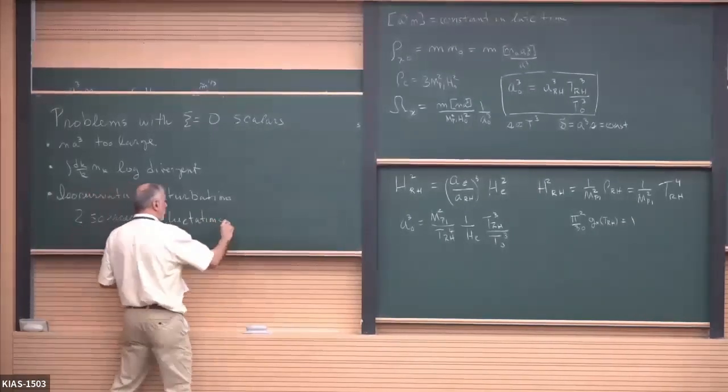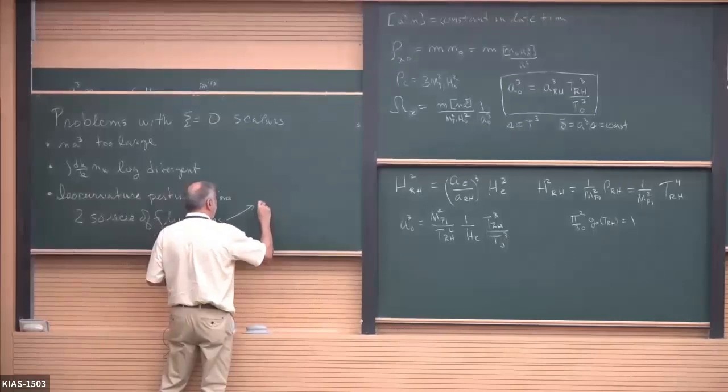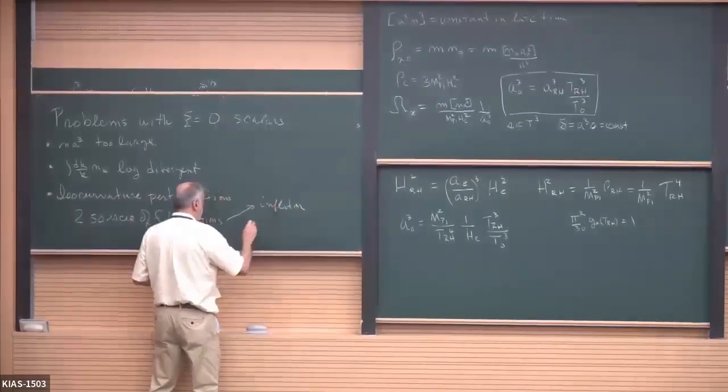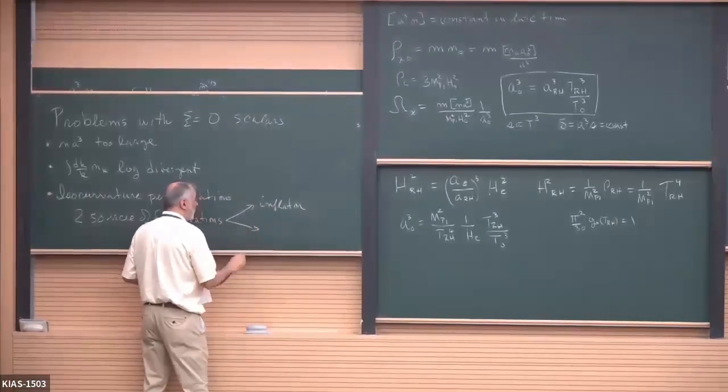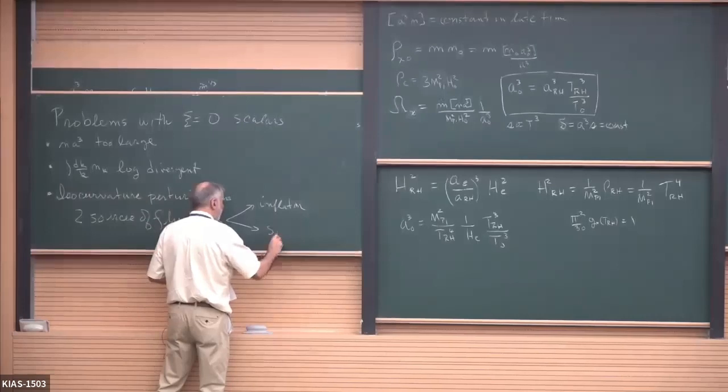One source of the fluctuations comes from perturbations in the inflaton during inflation, and the other will come from fluctuations in the spectator field.